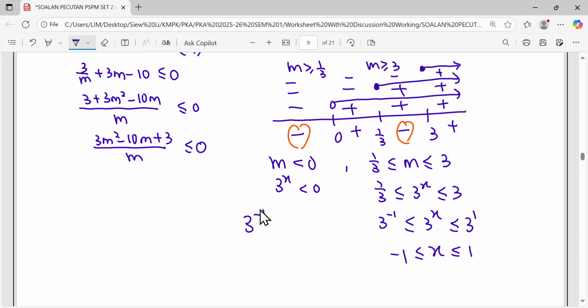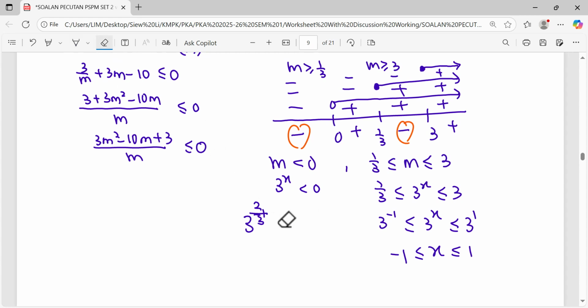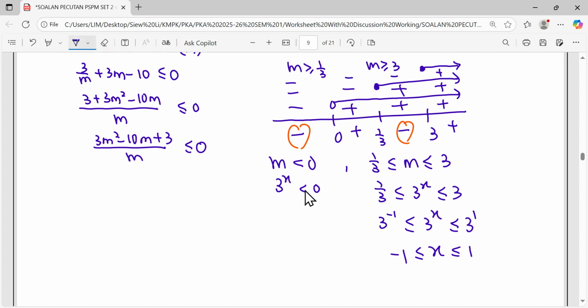You power in negative, it only gives you a fraction. Right? You power in fraction, it gives you roots. Betul? So whatever you power, 3 to the power of something, it will never become negative.